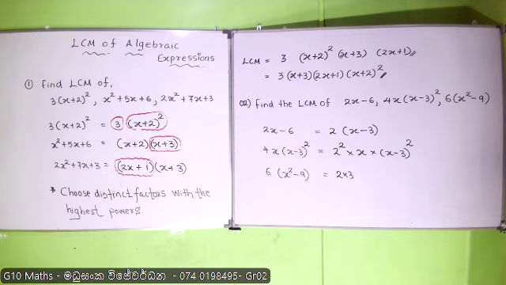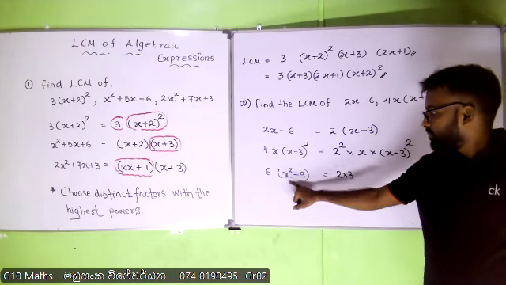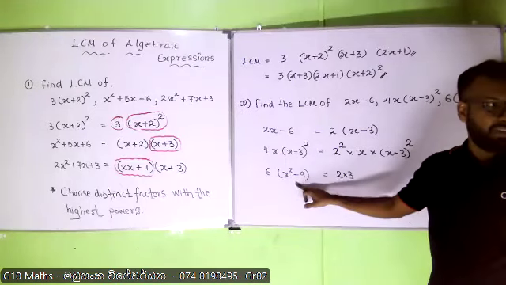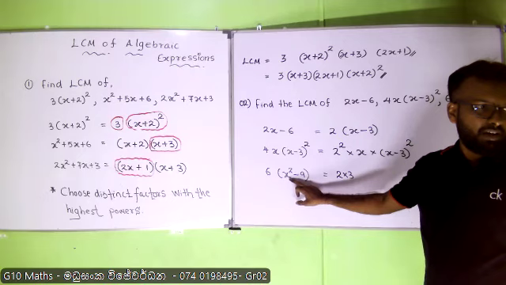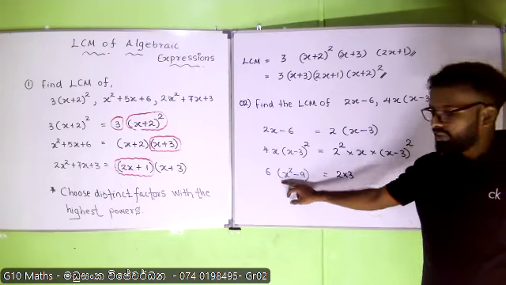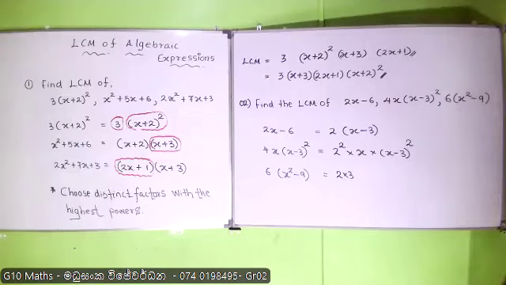This is the difference of squares: x to the power 2 minus 3 to the power 2.